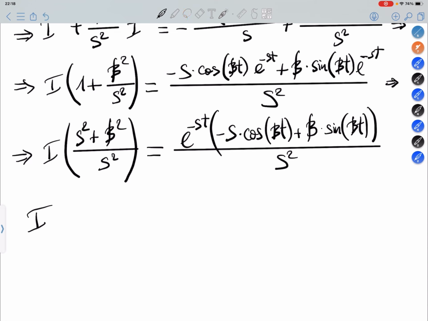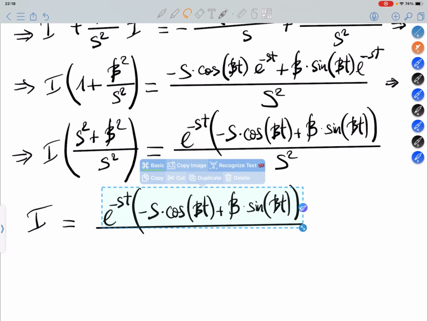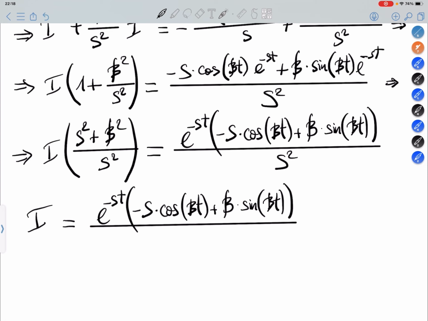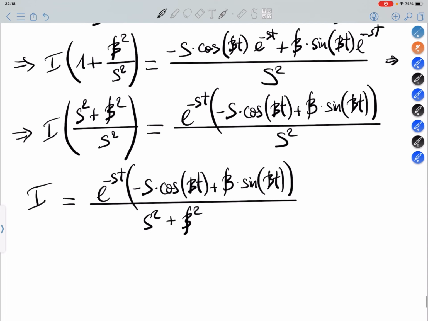So I, the integration we want, is equal to the numerator here over s square plus beta square, right?